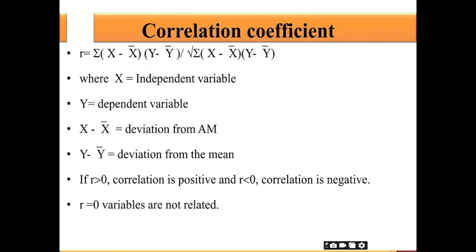Here x bar is the mean. x minus x bar is the deviation from the AM, AM means arithmetic mean. Similarly, y minus y bar is the deviation from the mean. If this r is greater than 0, the correlation is positive. If it is negative, the correlation is negative. If r equals 0, we can say that the variables are not related. They are not correlated.